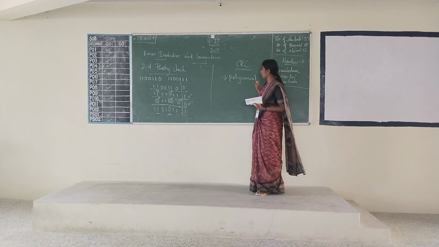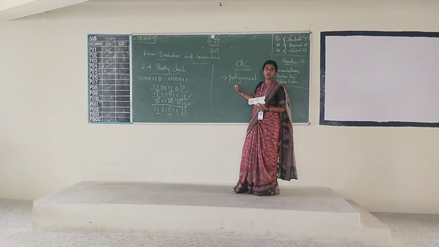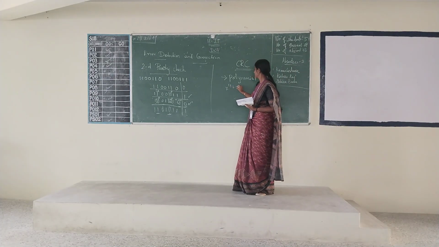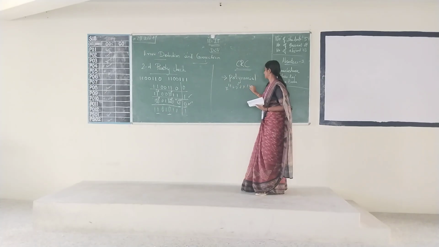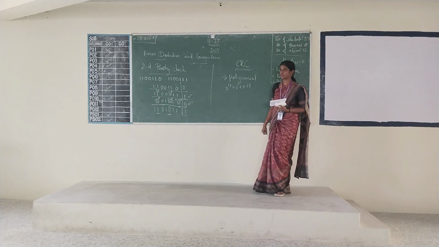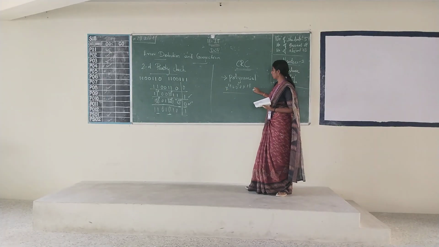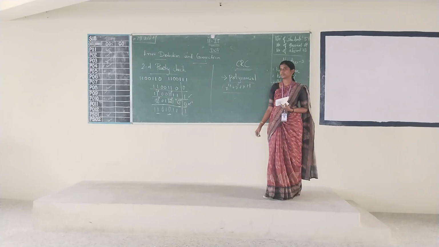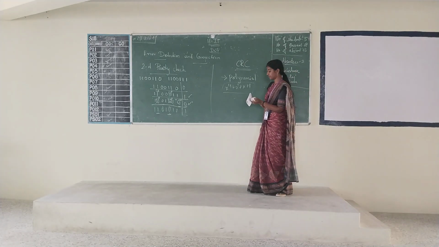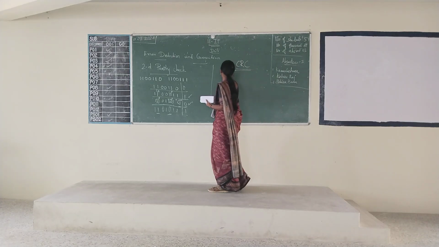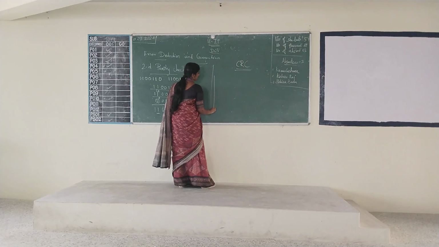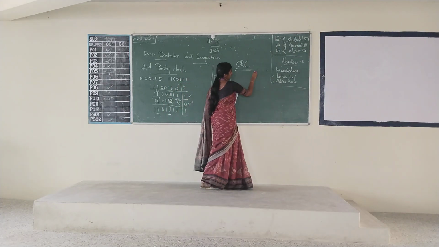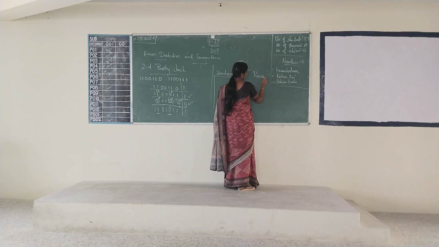So the data will be in the form of polynomials. What is polynomials? So this is the format of polynomials. So here we have sender and the receiver.